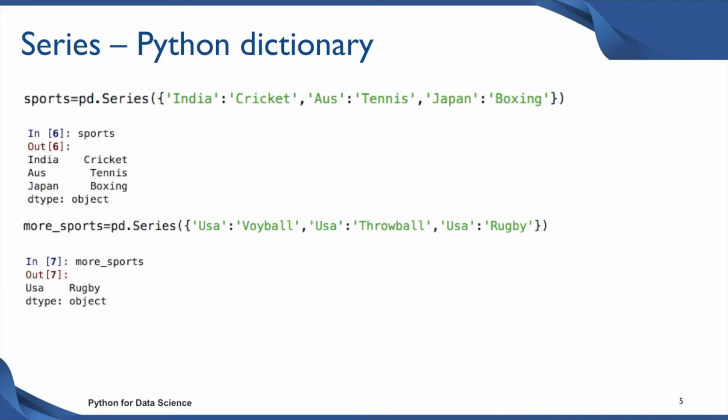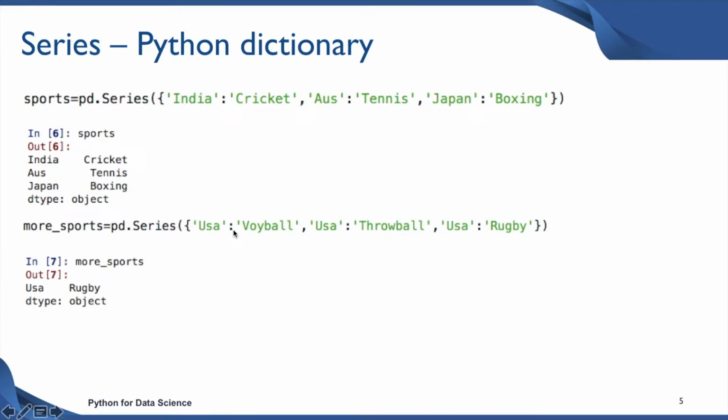So if we try to have this kind of dictionary, it will take only the last value, because the earlier values will be overwritten, right? So in the end we will only get USA as our key, and the value will be rugby, right? So if we try to convert the dictionary into a series object, it will give us a single value, because we cannot have multiple keys in dictionaries, right?